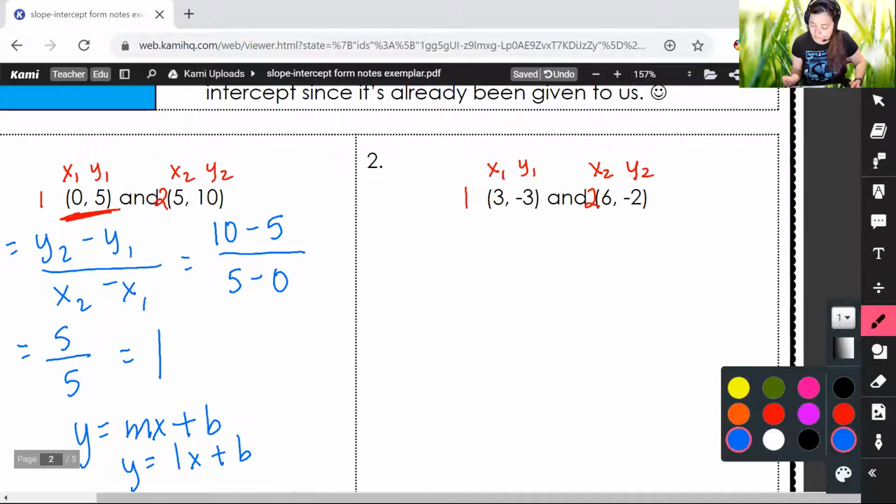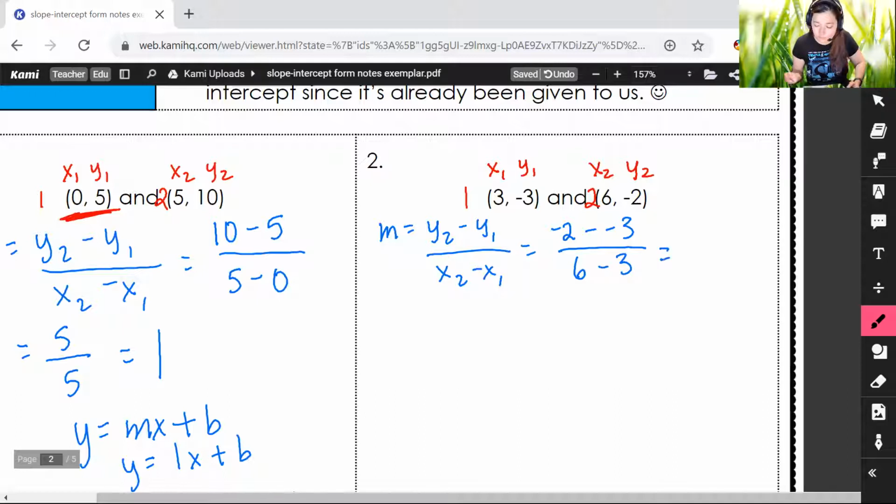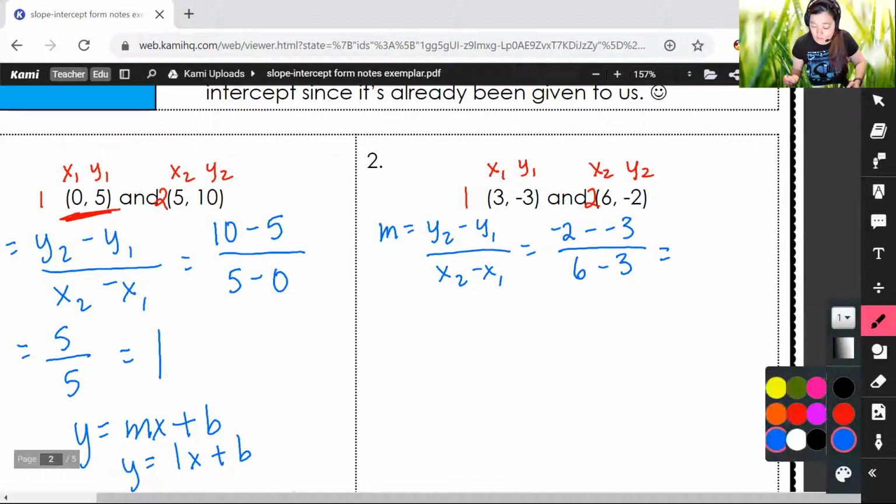Okay, same song, different chorus. M equals y2 minus y1 divided by x2 minus x1. y2 is -2, y1 is -3, x2 is 6, x1 is 3. Okay, remember adding or subtracting a negative is the same as adding.